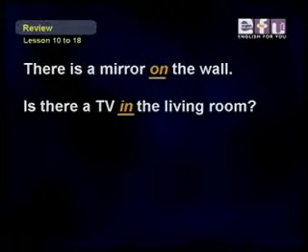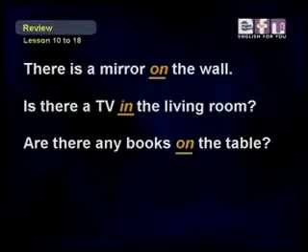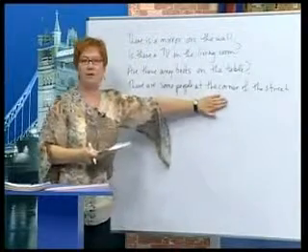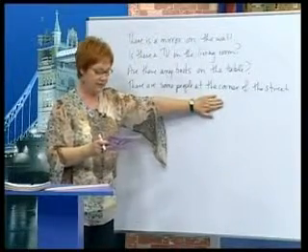Is there a TV in the living room? Are there any books on the table? There are some people at the corner of the street. Okay, so here we have a corner, at the corner of the street.